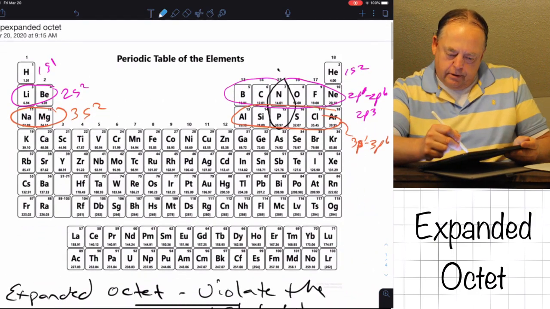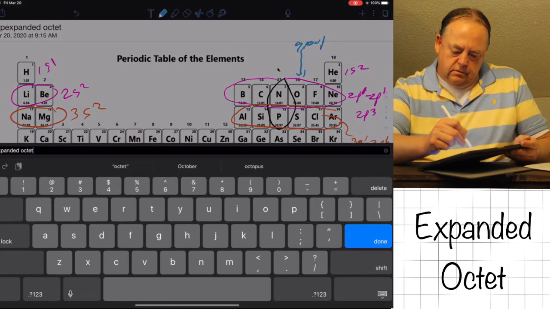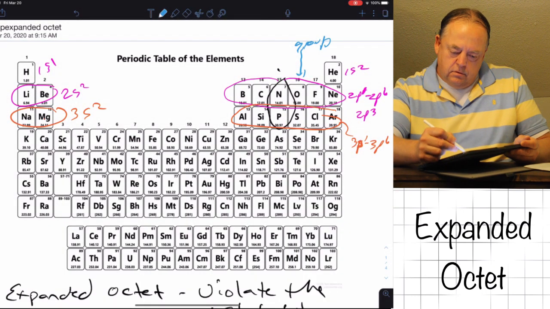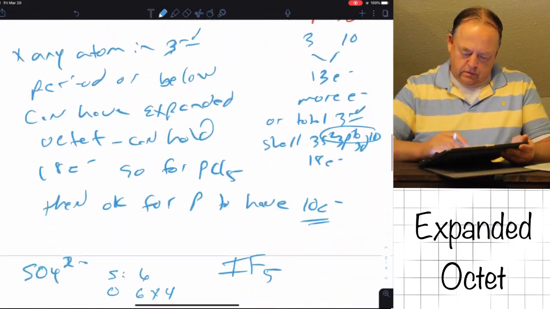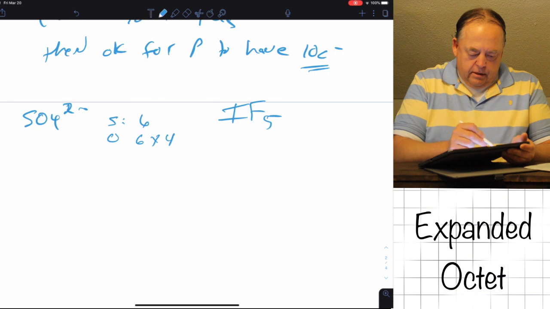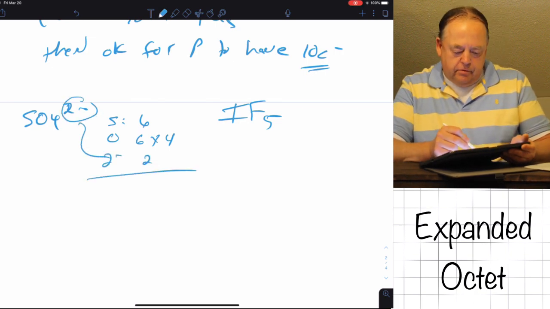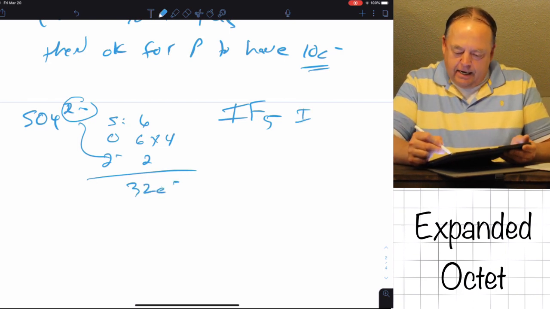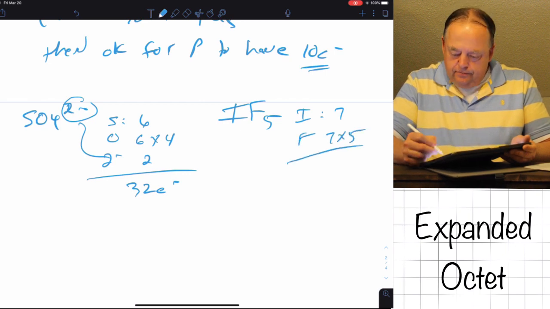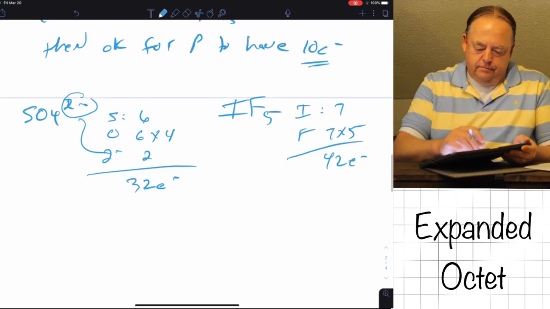Because if you go back to the periodic table, it's in group 6. And then what do we do with the 2 negative? That means we add 2 more electrons, so that would be 32 electrons. And for IF5, iodine has 7 valence electrons, fluorine has 7 valence electrons, so we need 42 electrons for IF5.